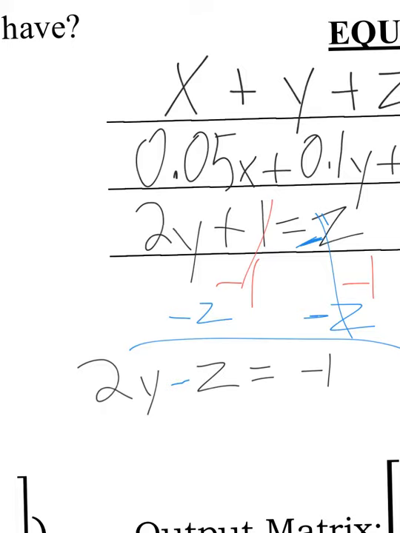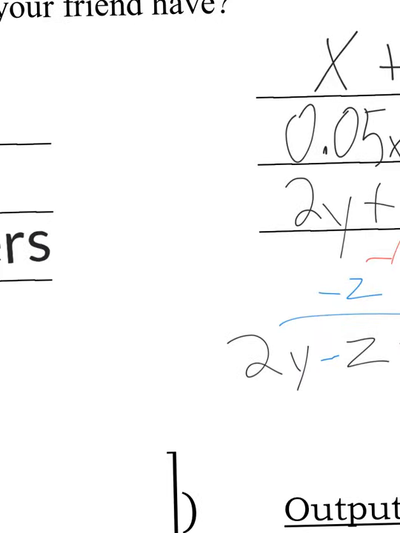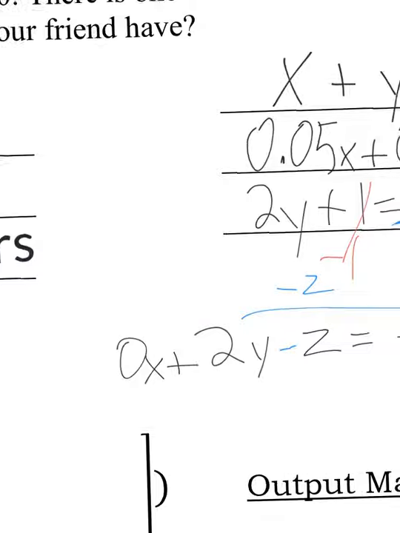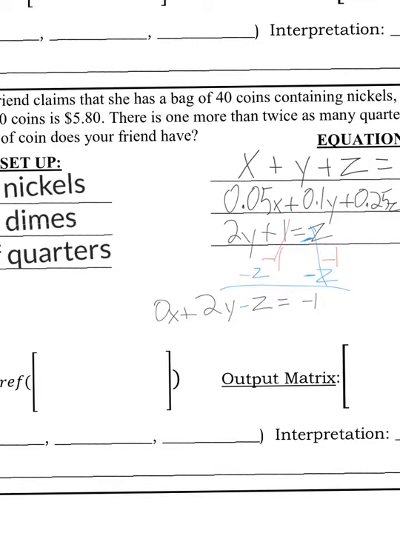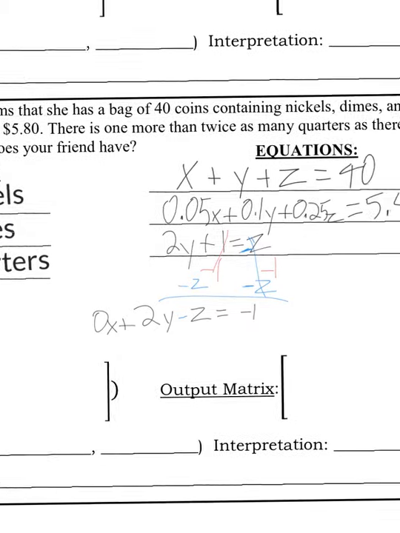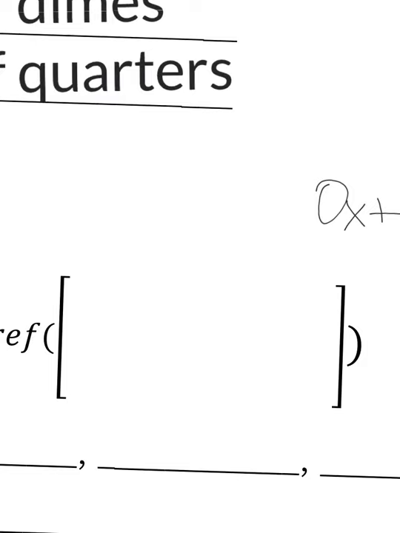All right, so what happened to my x term? I have no x term, so I can just throw 0x in front of it. 0x plus 2y minus z equals -1. Now it's ready to put into matrix form. It's in standard form. So the first one says x plus y plus z equals 40. So I have 1x, 1y, 1z equals 40.